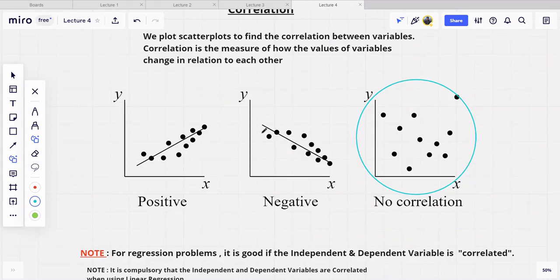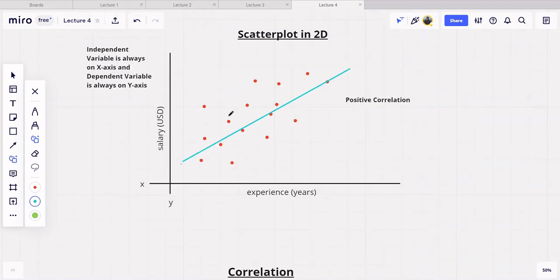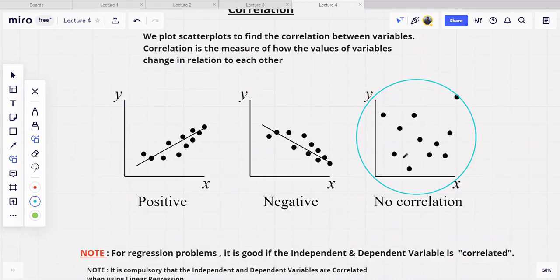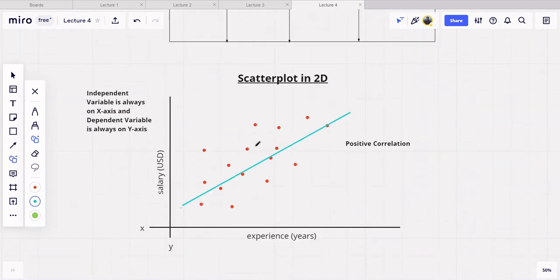Here we can clearly see there is an increasing, positive relationship between salary and experience, so it becomes very easy for our algorithm to model this data and capture this pattern. But if there is no correlation among our data, then it becomes very hard for our machine learning algorithm to learn patterns in this data and make good predictions.